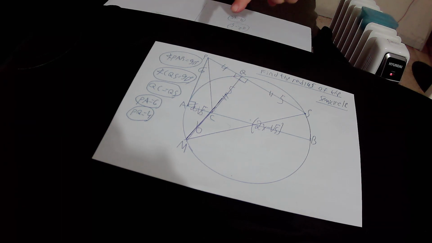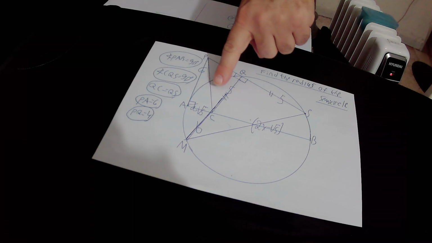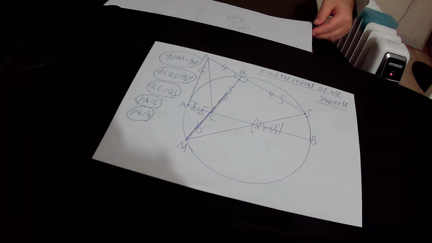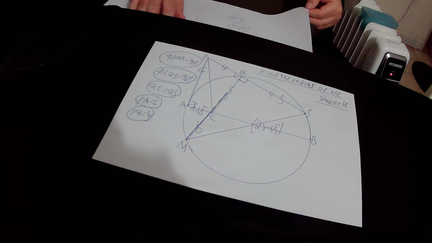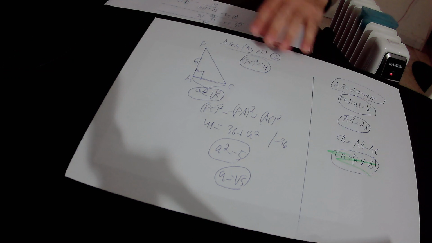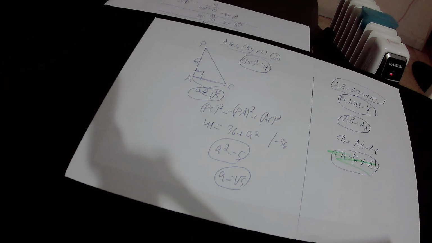Then I copied the right triangle PAC to a new page and we implemented the Pythagoras theorem on this right triangle PAC. This is the right triangle PAC that I copied from the original drawing. It is given that PA equals 6 units.